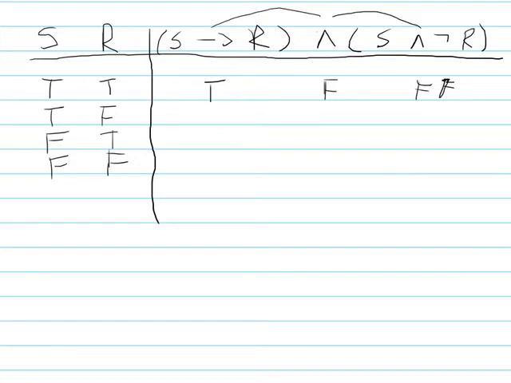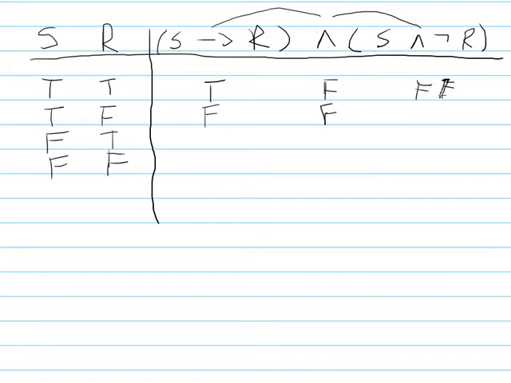Now in this case, we know that this conditional will be false because, as I just said, the conditional is false when the antecedent, the first part, is true and the consequent is false, and that is exactly what S and R are on this row. And because this is one of the conjuncts of the main conjunction and it's false, that's enough for the entire conjunction to be false.